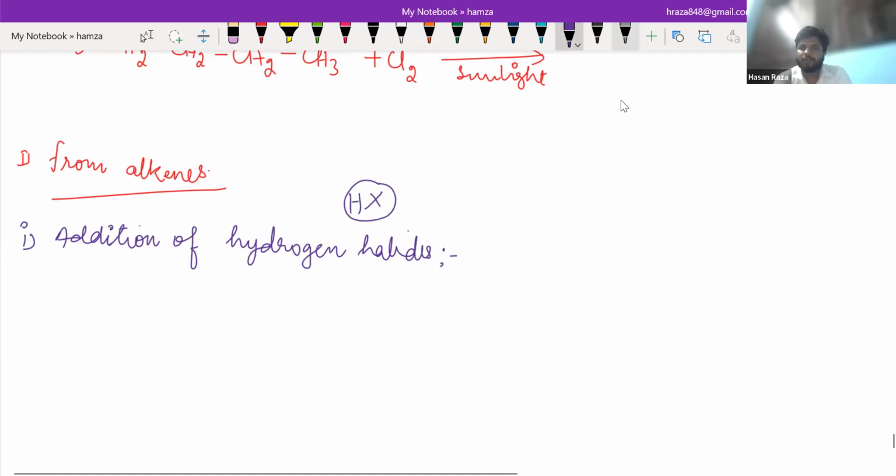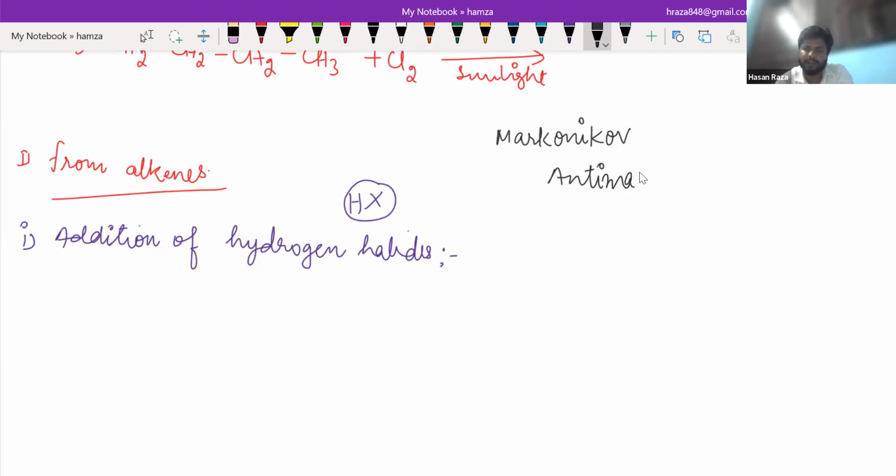There are two rules which we have already studied in class 11. The first one is Markovnikov, and the second one is anti-Markovnikov, also known as the Kharasch effect or peroxide effect.